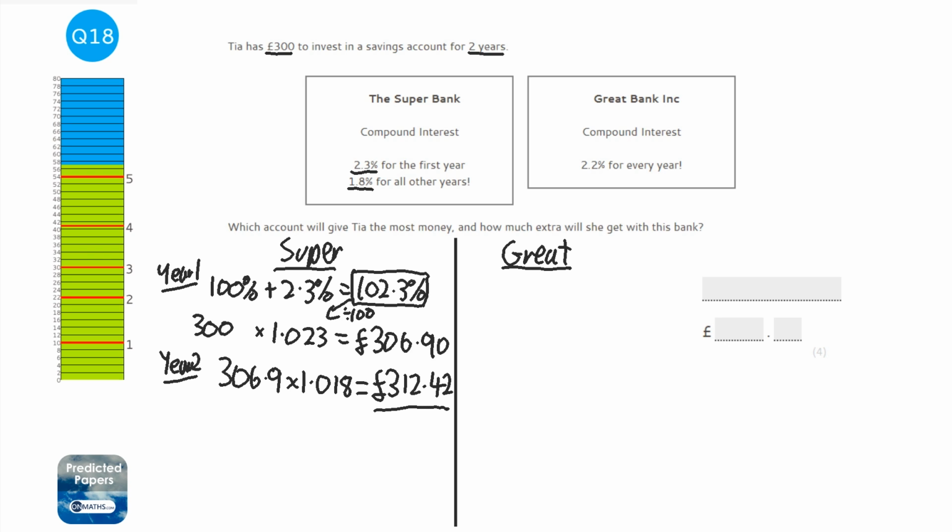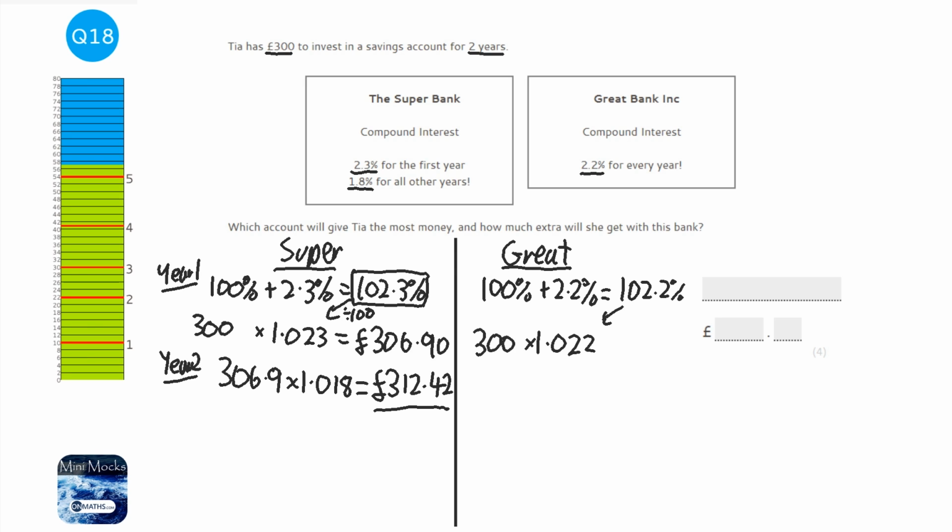Now, Great Bank's a bit easier because it's just going to stay at 2.2%. So let's work out the multiplier. 100% plus 2.2% equals 102.2%. And then as a multiplier, that is 1.022 by dividing it by 100. So we're going to times that £300 by 1.022.